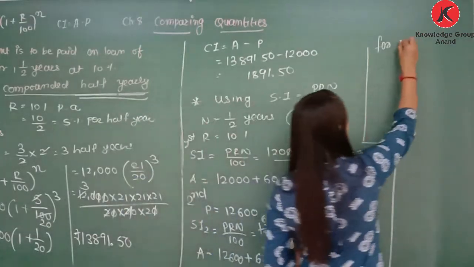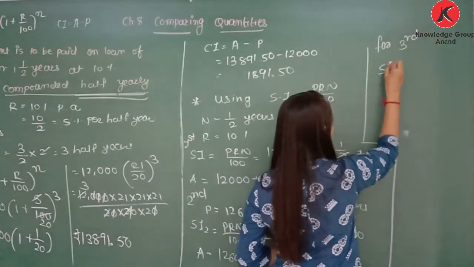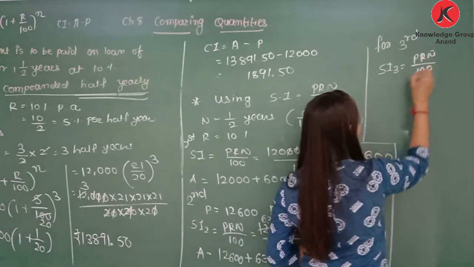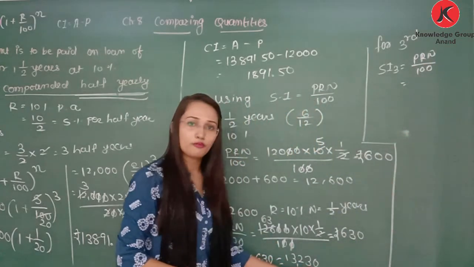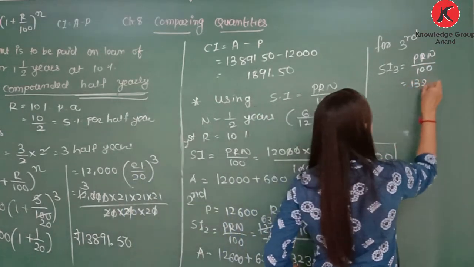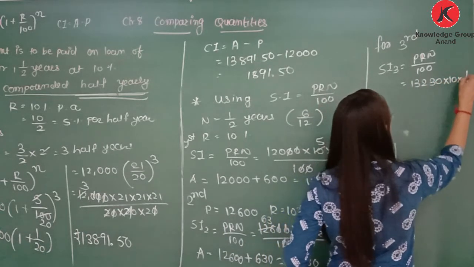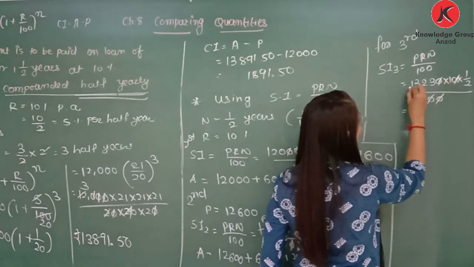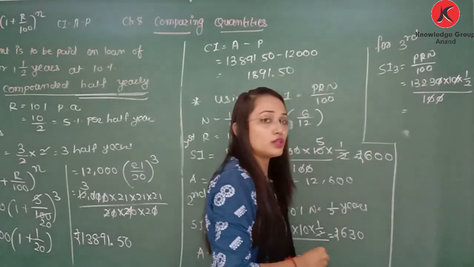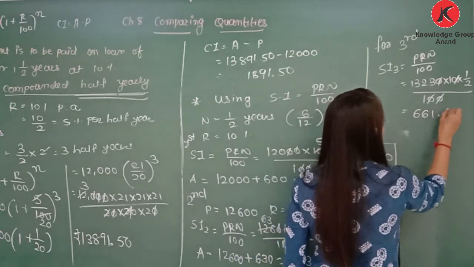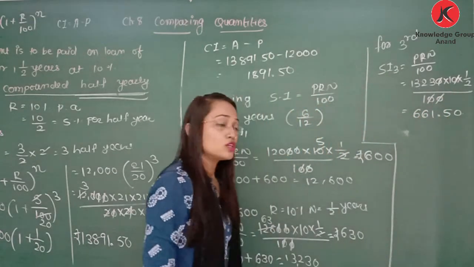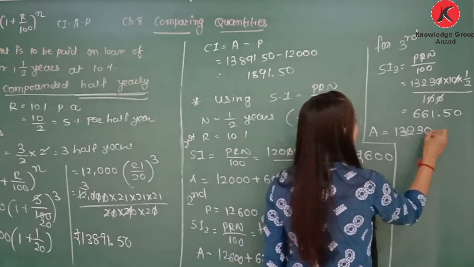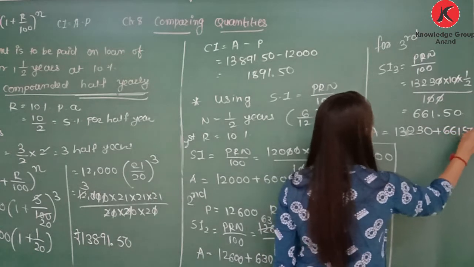Now we need to find for the next half year. Now for the third conversion period, we have SI3, that is PRN divided by 100. Now our principal value is the amount of the previous period, that is 13,230. Rate of interest is 10. n is 1/2, divided by 100. So if you divide this 1,323 by 2, you will get 661.50. Okay, so the amount will be 13,230 plus 661.50.